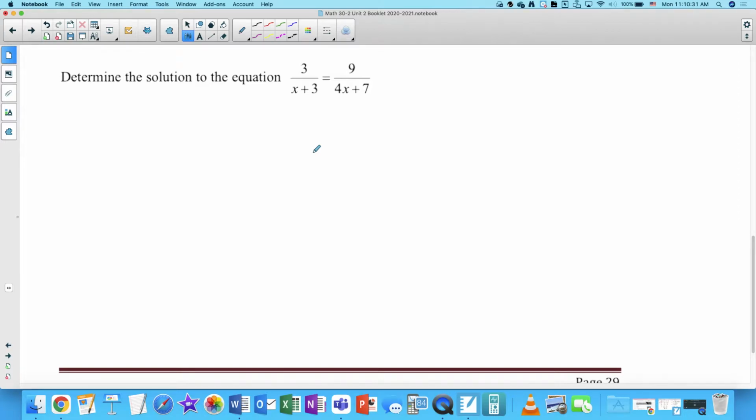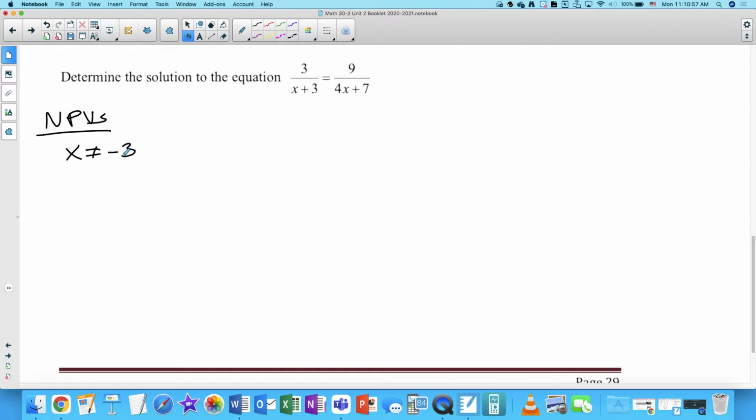Non-permissible values. From this first expression, what would the non-permissible value be? -3. So x cannot equal -3. What about from this one? -7 over 4. Yeah, if you can do that in your head, great.